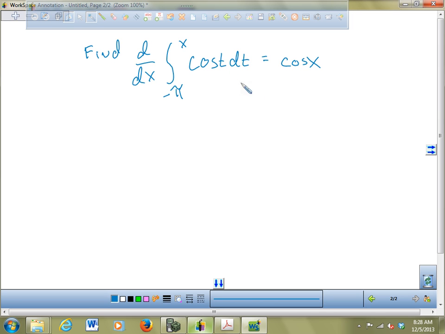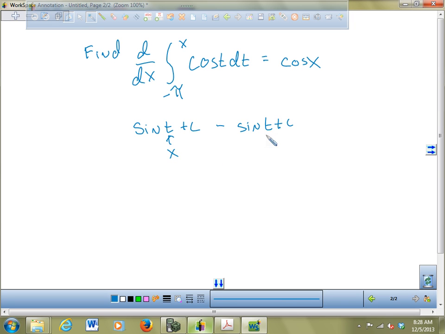Now, where does that come from? What's the antiderivative of cosine of x? Sine of x. So what you don't want to do is take the antiderivative, which is sine of t plus a constant, and you would evaluate this one at x.